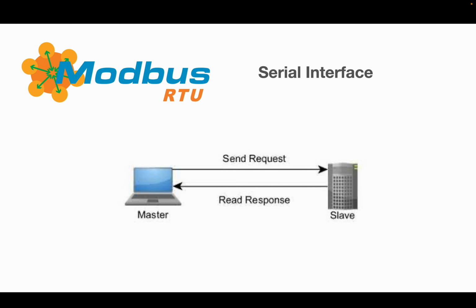We have the master shown on the left hand side here, and we have the slave shown on the right hand side here. So the similarity is certainly there to the TCP, but what we're calling a client in TCP is called a master in RTU. The device which initiates the request is called a master. The device which sends the response back is called a slave.